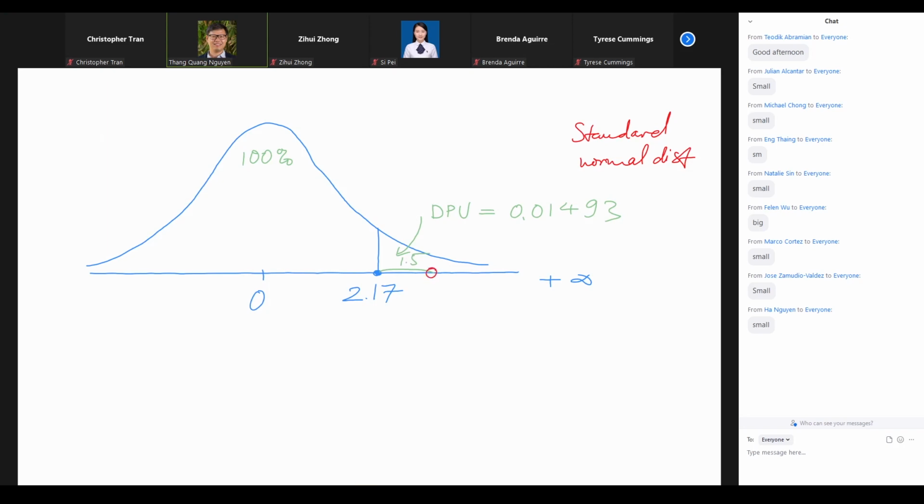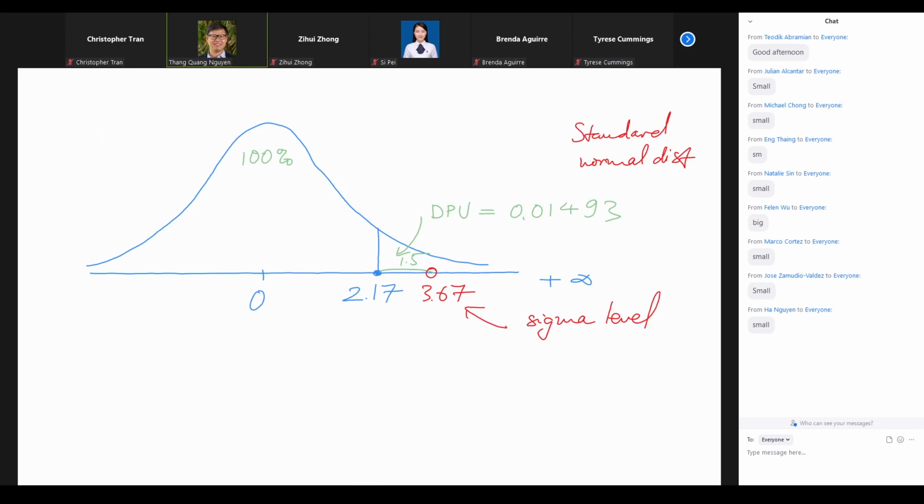And that's our sigma level right there. 3.67 is our sigma level. Right? In this case, the sigma level is 3.67. It is far away from 6.